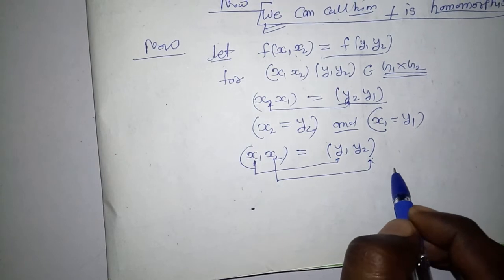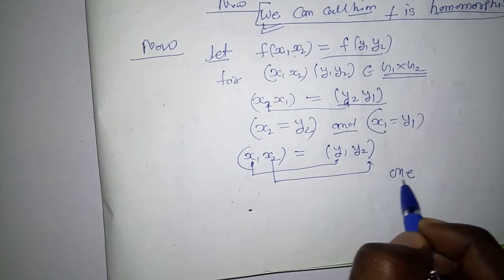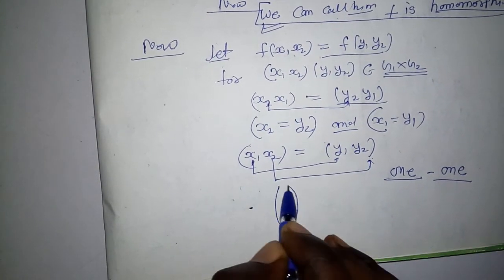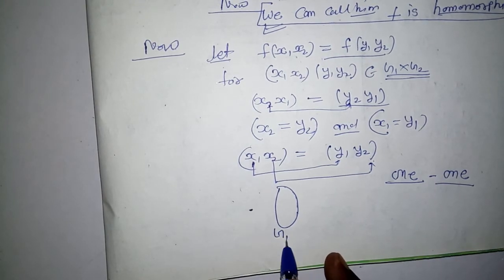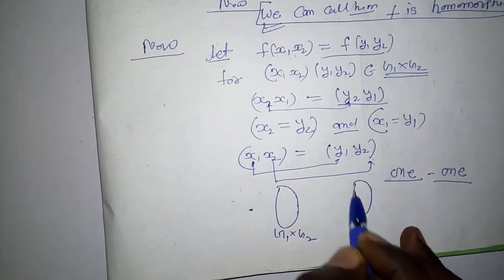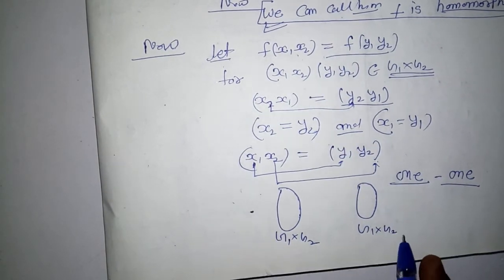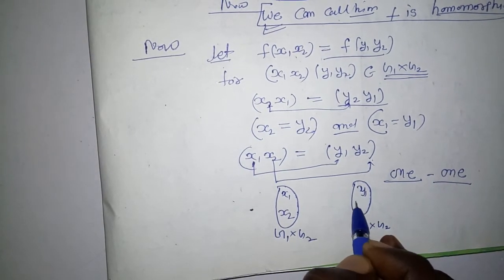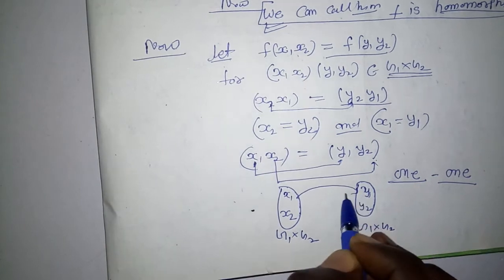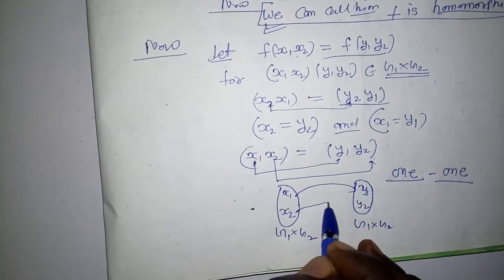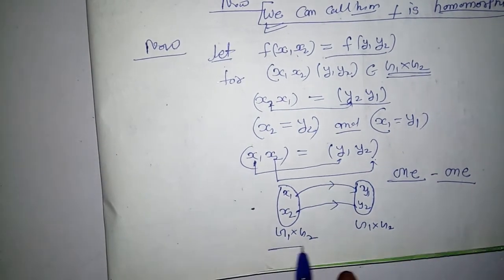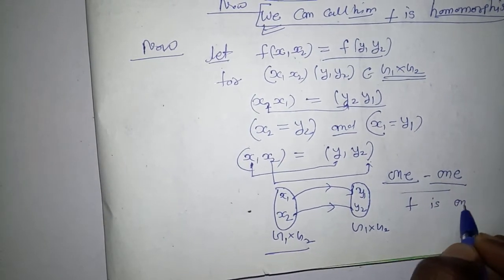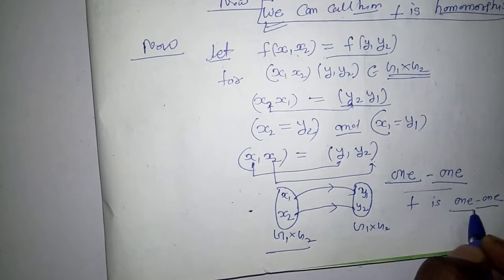This is called a 1-1 mapping, because x1 is mapped to y1 and x2 is mapped to y2. Okay, f is 1-1.